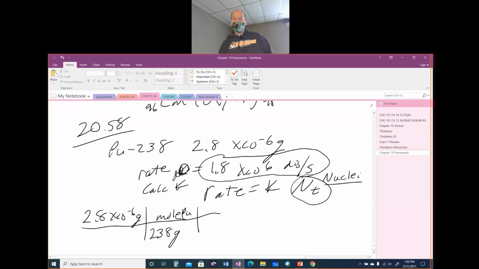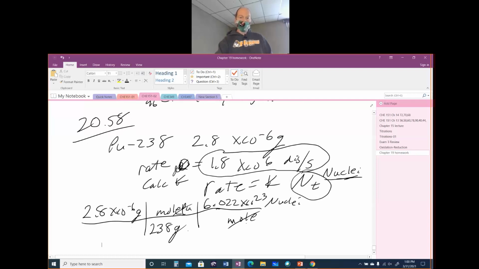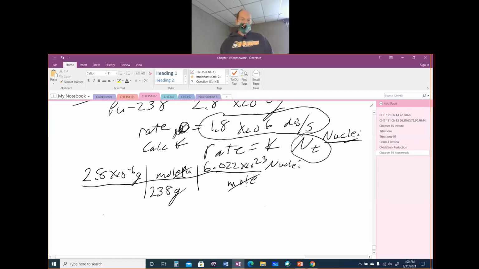We want nuclei of plutonium, so there are 6.022 times 10 to the 23rd nuclei per mole. The moles cancel, the grams cancel, and you get the number of nuclei. And so you have your rate, 1.8 times 10 to the 6 disintegrations per second.